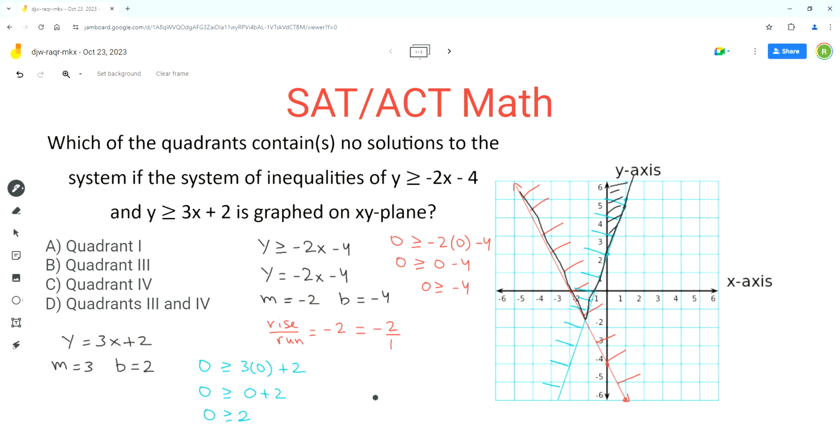Much of it lies in quadrant 2, this part here. And some of it lies in quadrant 3, this small triangle. But none of it lies in quadrant 4. Therefore, the quadrant that contains no solution to this system is quadrant 4. So the answer should be option C.